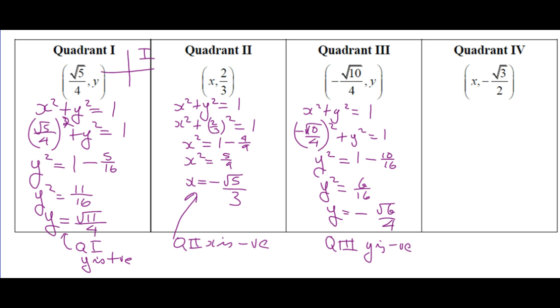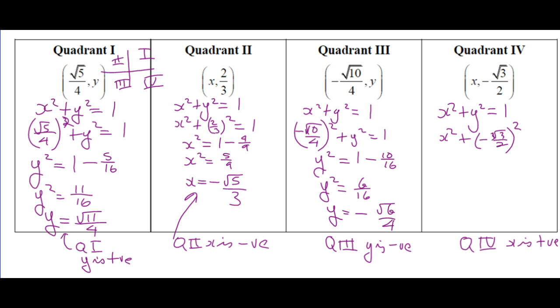Okay, last one. Q4, what do we know about x? So x is positive. Okay, here's our little quadrant diagram if we need it. Okay, unit circle, right? It's a special, right? So there's x squared plus y squared equals 1. Negative root 3 over 2, quantity squared.